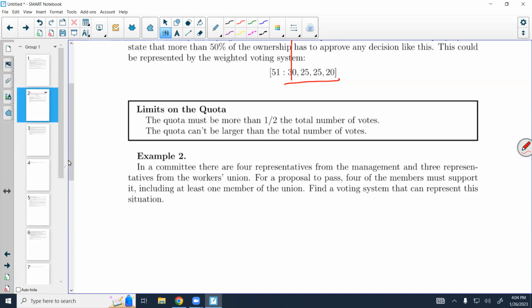Okay, this example here: in a committee, there are 4 representatives from management and 3 representatives from the workers' union. For a proposal to pass, 4 of the members must support it, including at least 1 member of the union. Find a voting system that can represent the situation.